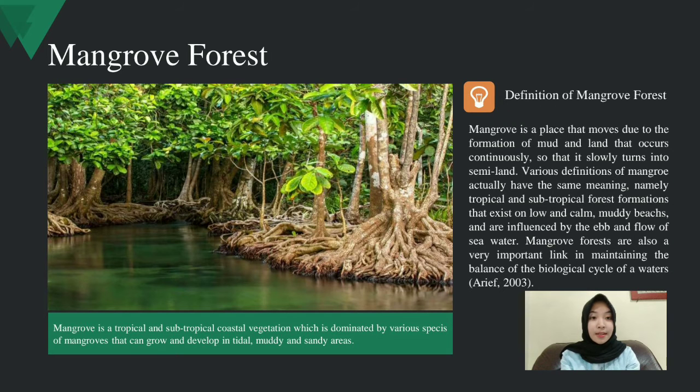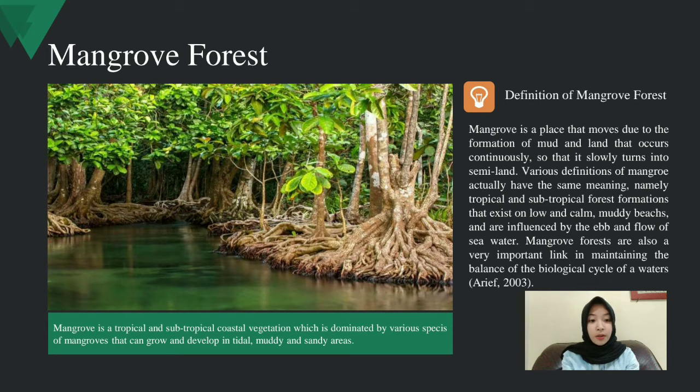As you can see in this slide, there is a picture of mangrove forest. Mangrove is a place that moves due to the formation of mud and lava and it occurs continuously, so that it slowly turns into semi-land. Various definitions of mangrove actually have the same meaning, namely tropical and subtropical forest formation.